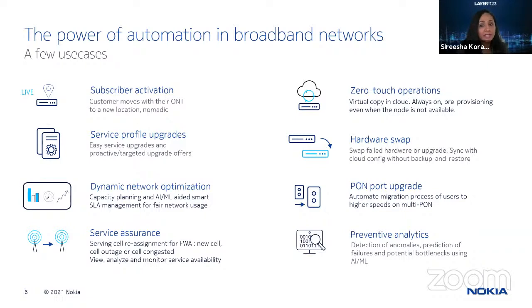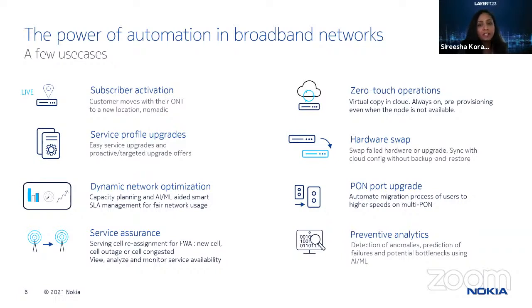Also, when combined with real-time telemetry and the same closed-loop automation that I was talking about, we can provide use cases like dynamic network optimization, which can help in capacity planning and also smart SLA management in cases of congestion, combined with artificial intelligence and machine learning.